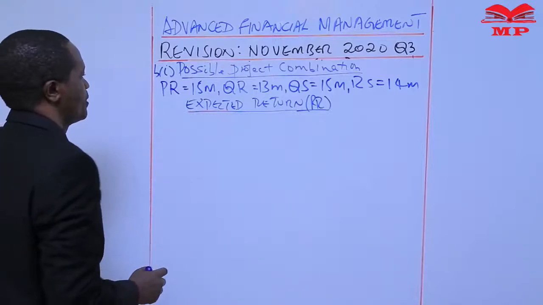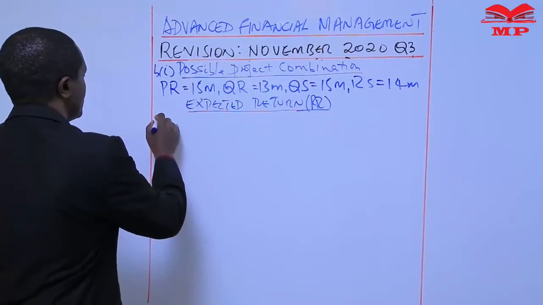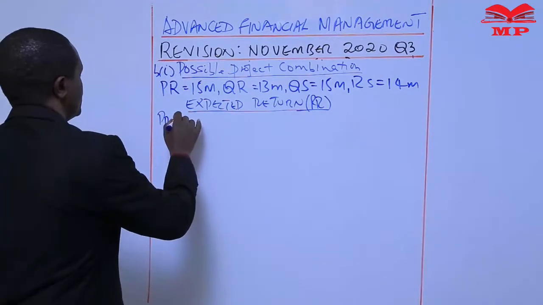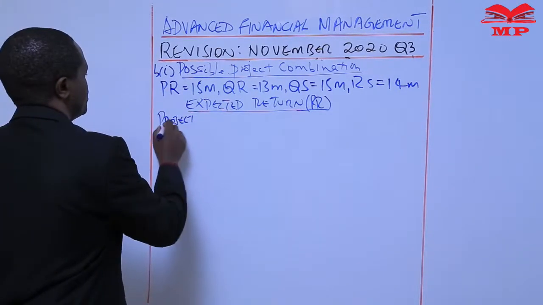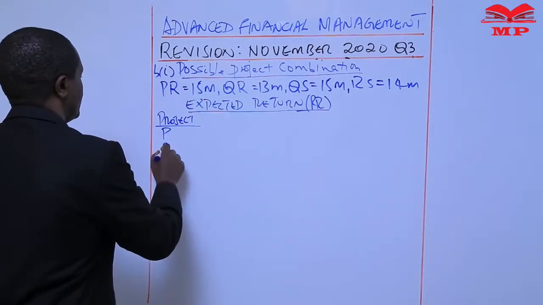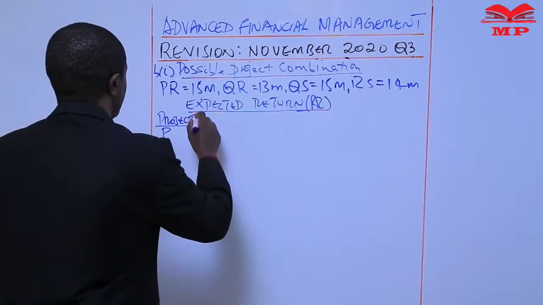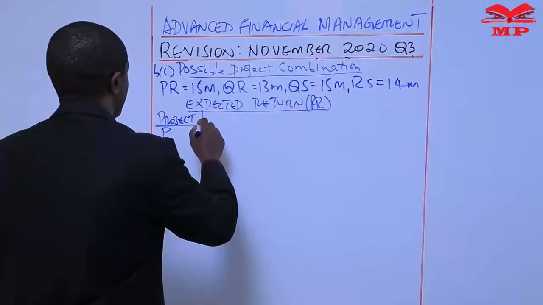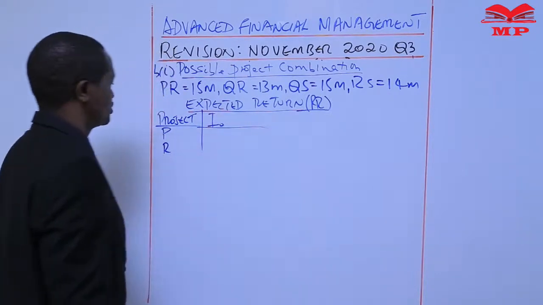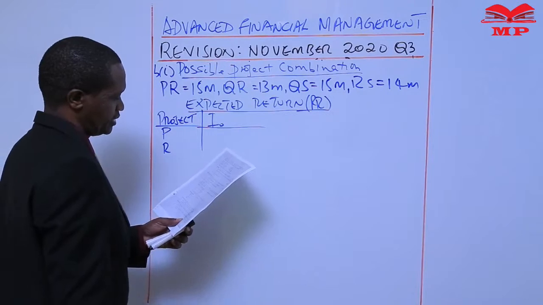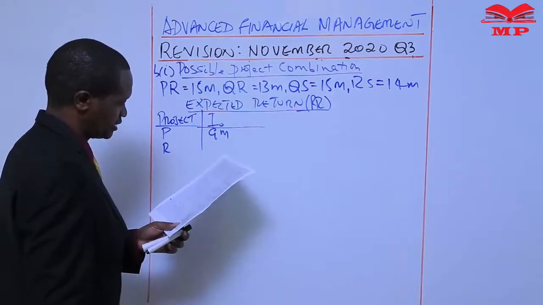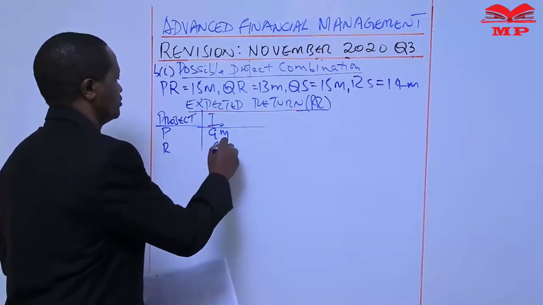We'll have a small table here. The first column is project. This project is PR, P and R. Then another column is the initial capital: project P, 9 million, project R, 6 million.